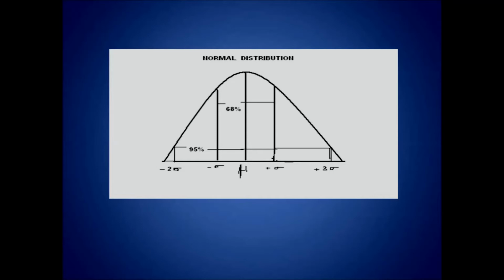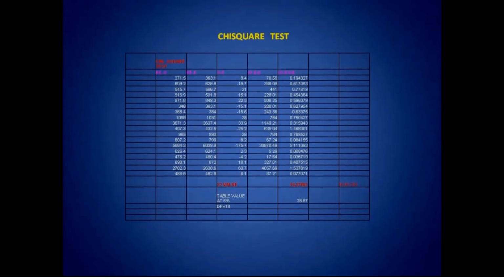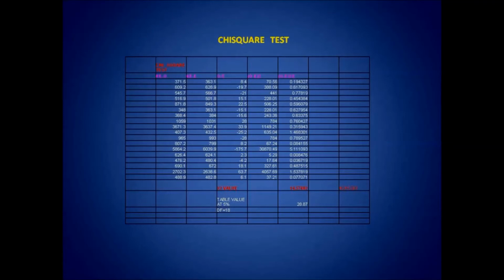We should confirm by chi-square test whether the group frequencies belong to a normal distribution or not. Generally, this chi-square test is done to know whether the observed population and expected population are the same or not.